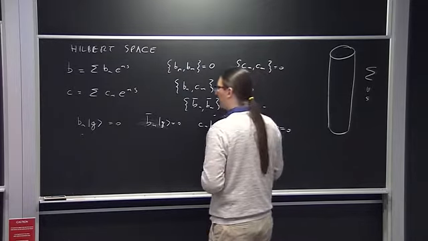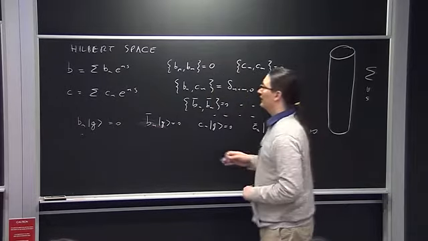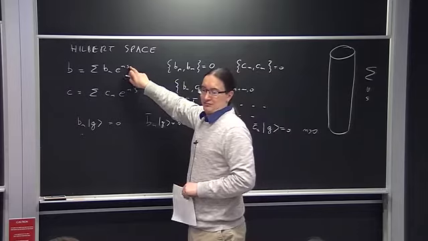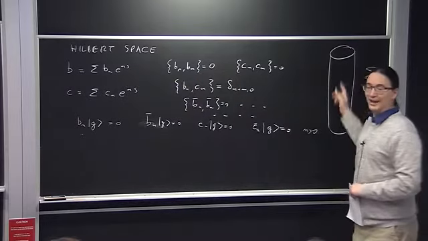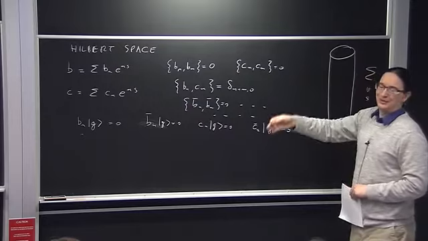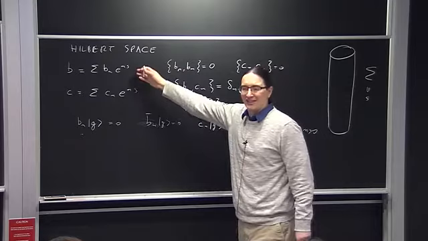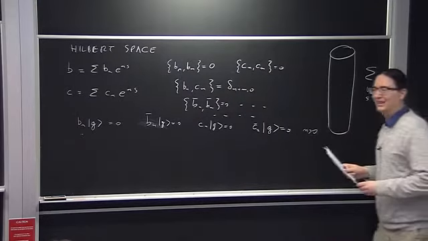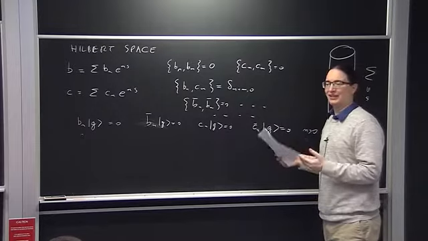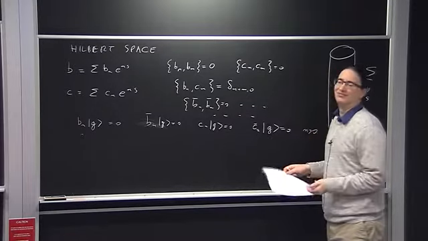By the way, if you're asking yourself why I picked positive modes, take this expression, write S in terms of position and Euclidean time, rotate to Lorentzian time, and see that these are positive energy or negative energy modes. So we want ground states to be annihilated by operators which lower the energy.